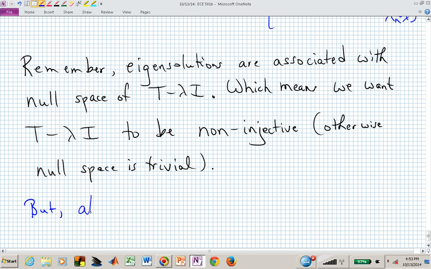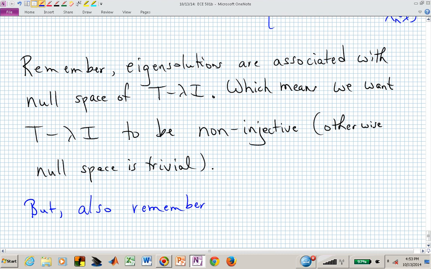But we can also go back and remember we have a relationship between things with respect to operators and this injective, surjective, invertibility properties of a map.